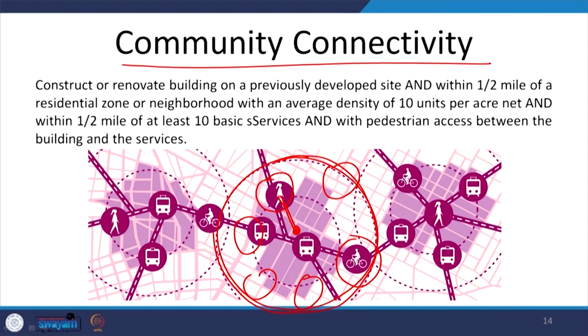Now, it may not be a linear path, it may be a staggered path. So, what is the total distance which one has to travel from the site in question to the amenity. A total distance travelled is also considered in some of the rating programs. In many others, only the presence of amenities within a given radius, within a given distance of the site is considered.